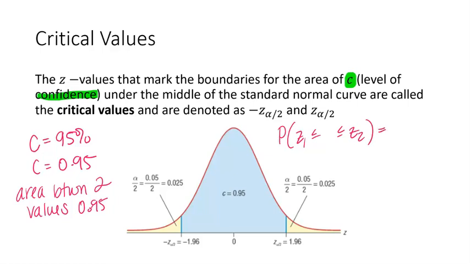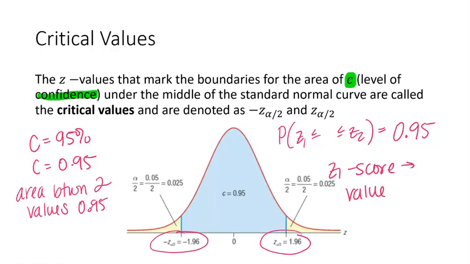The two z-scores, where that probability is my level of confidence. What I'm saying is the probability, the chance of the population mean being between these two values is 95% or 0.95. And what I'm doing is I'm using these z values, the z-scores, then connect back to an actual value in our real data. And that's what we're doing in setting this confidence interval.